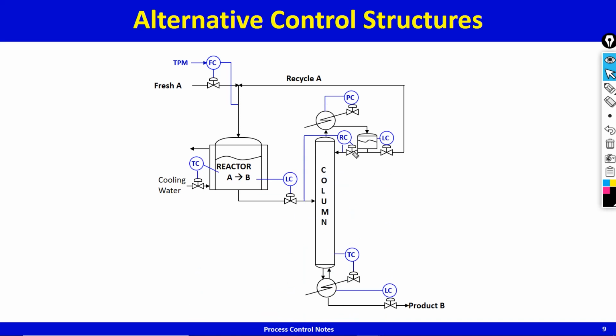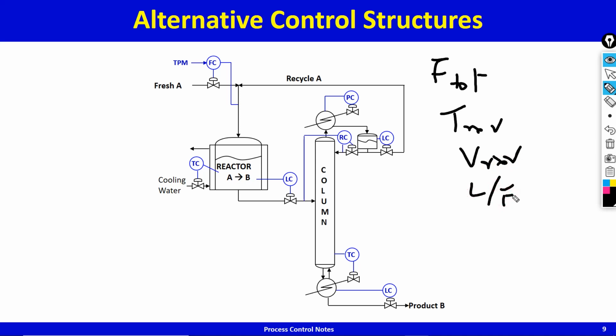Everything else is the same. So the specification set is different in only the throughput manipulator. Everything else is the same. By specification set, I mean we are specifying here F tot, T reactor, V reactor, L by F, and T column.